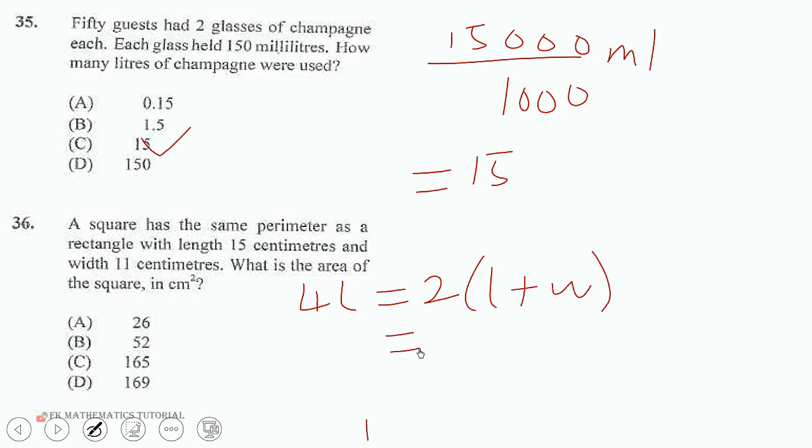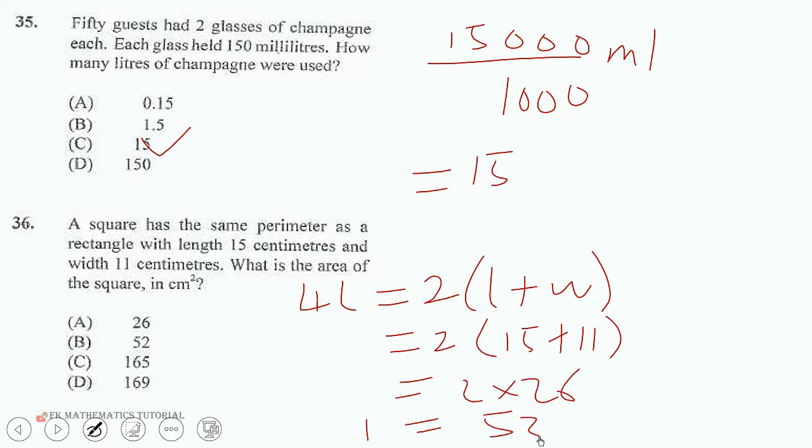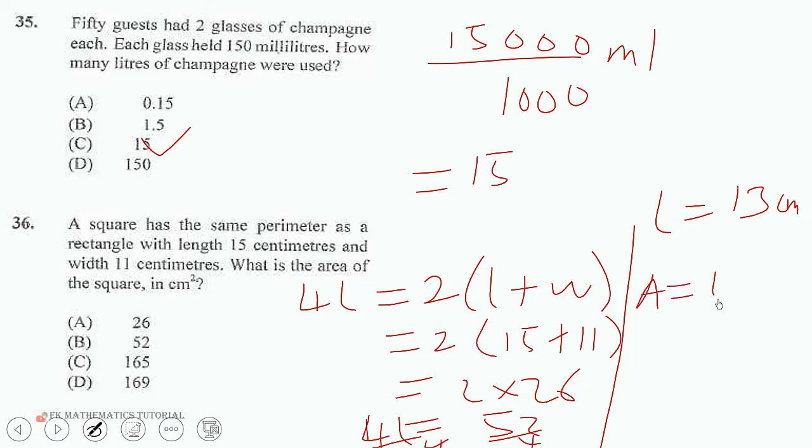The length and the width are 15 and 11, so that will be 2 times 26, which is 52. Now dividing both sides by 4, the length of the square is 13 centimeters. Since it is 13 centimeters, the area of a square is length squared, which is 13 squared, which is 169 centimeters squared. So the correct answer is D.